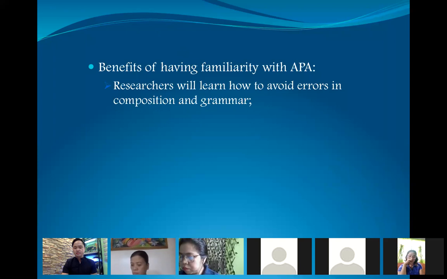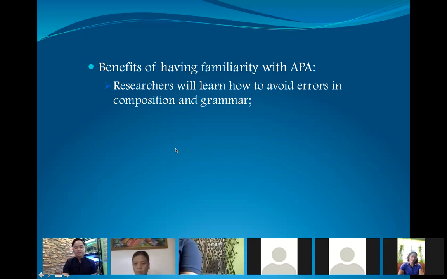Although you need not be an English major to be able to write a research paper. Anyone can be a researcher. Anyone can write a research paper for as long as you know the proper grammar and proper composition. I'd like to highlight that one of the requirements in writing a research paper is the principle of coherence.